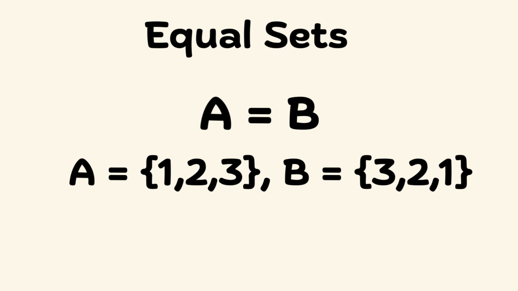The arrangement doesn't really matter. So set A can be 1, 2, and 3, and set B can be 3, 1, and 2, or 3, 2, 1, or 2, 1, 3. But as long as both sets have the same element, exactly the same element, they are called equal sets.